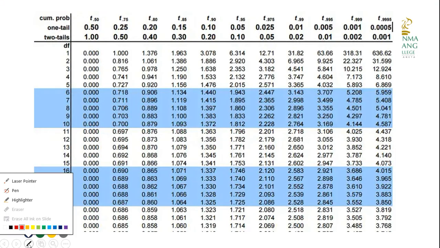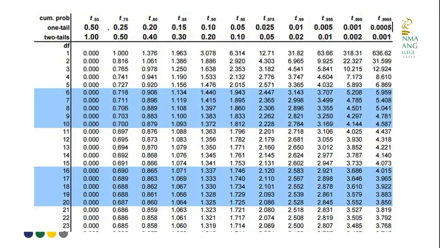So this is one-tailed and 0.01 level of significance, or 99% cumulative probability. And we have the degree of freedom which is 11, right? The sample size is 12, so we subtract one. Then let's trace it. The answer here is 2.718. So Liza and Von Abalos got the correct answer.